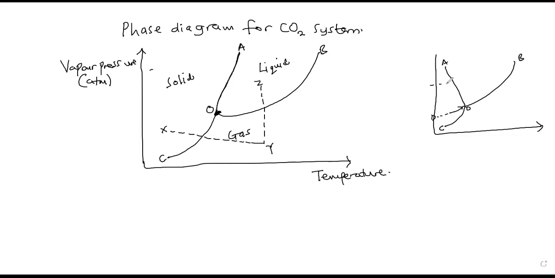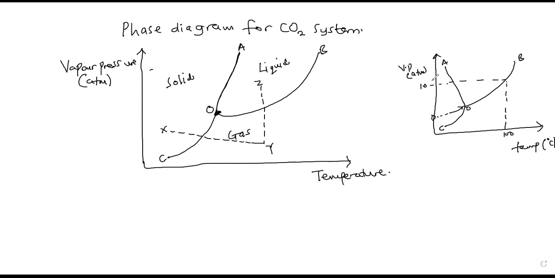Now, of course, this is 100. Remember here we had put 1.0. Of course, temperature in degrees Celsius, and here pressure, vapor pressure in atmospheres.